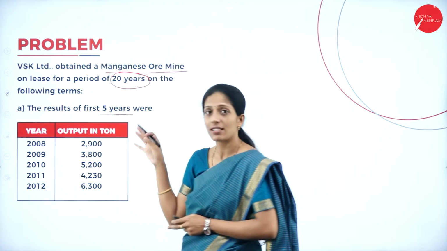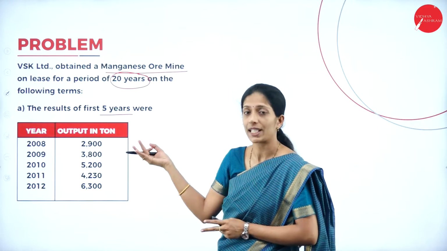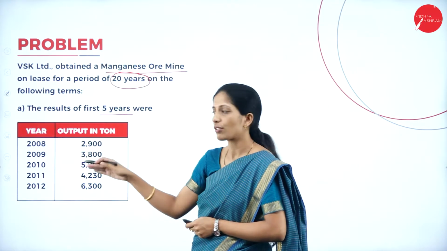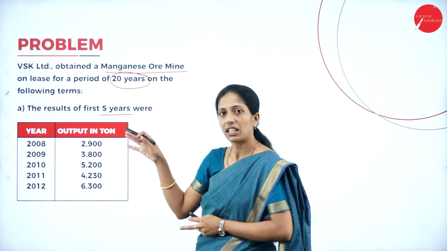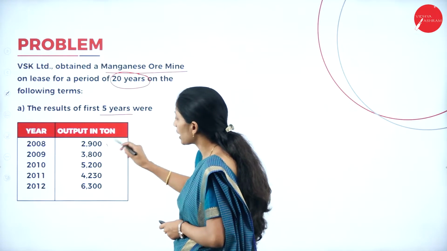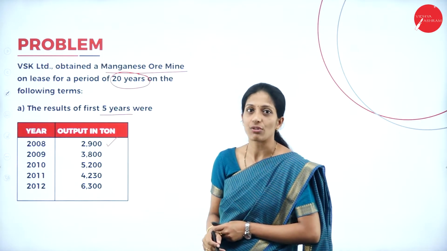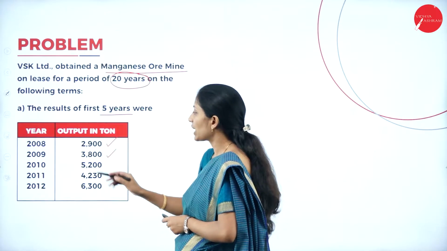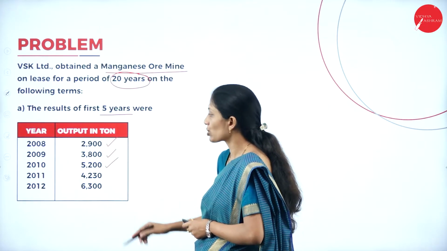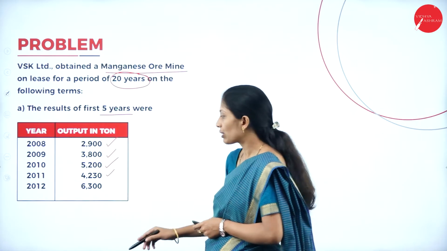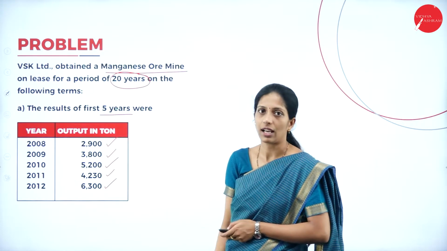So, they have given the results of first 5 years among 20 years. So, if you see 2008, so their lease starts from 2008 and they have given of first 5 years. So, 2008 output in ton they have given, that is 2900 output in ton. Next, 2009 3800, 2010 5200, 2011 4230 and 2012 6300.